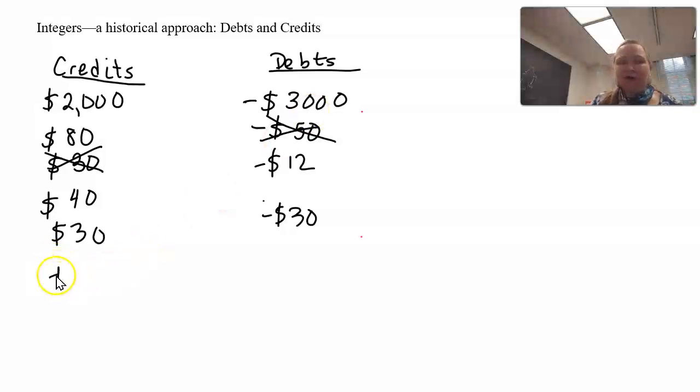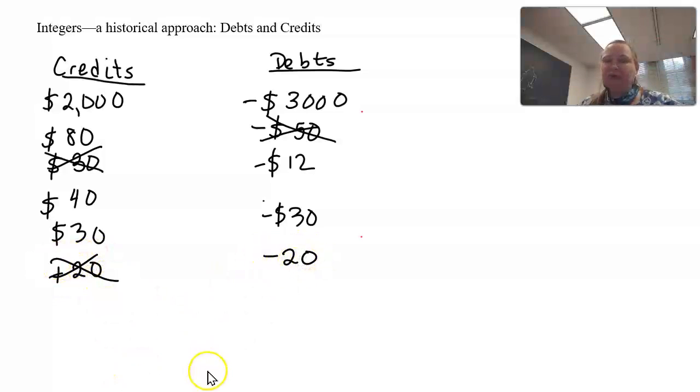And you can think of adding some amount to a credit. So adding a positive number. I can think of taking away a positive amount. I can think of adding a negative number. So I'm adding a debt, I'm gaining a debt, or taking away a negative number.